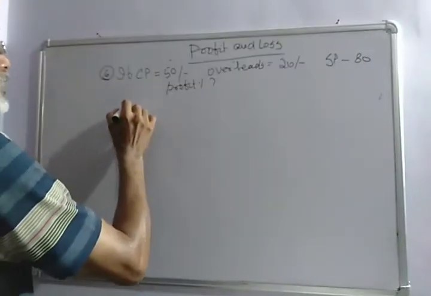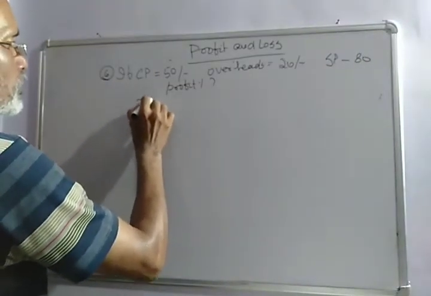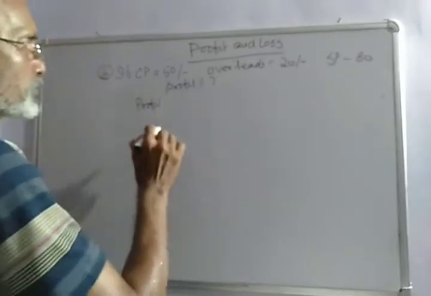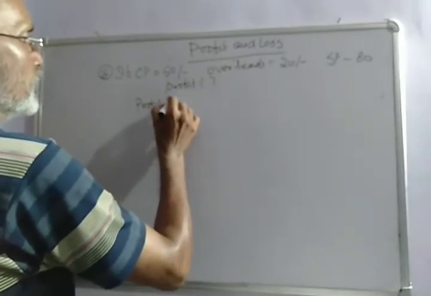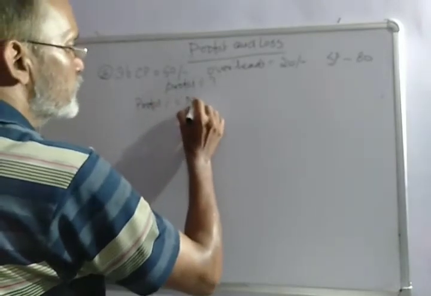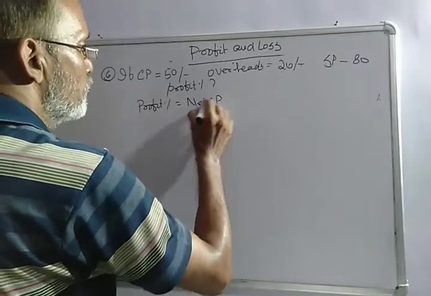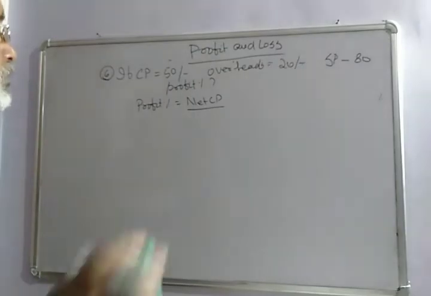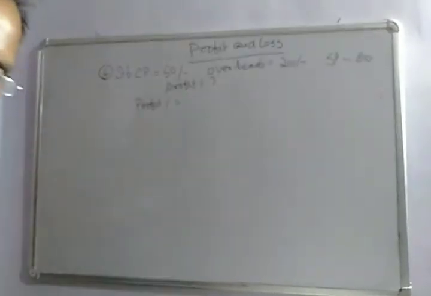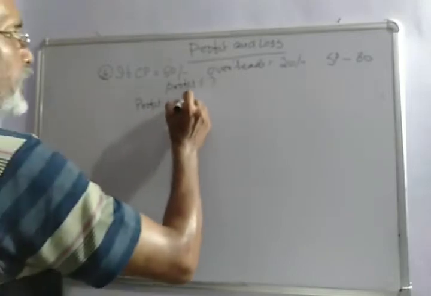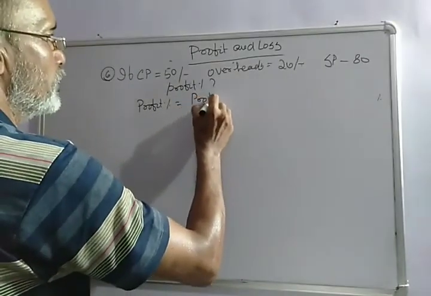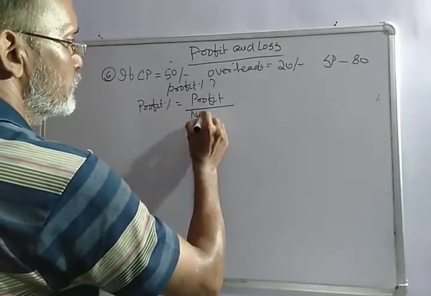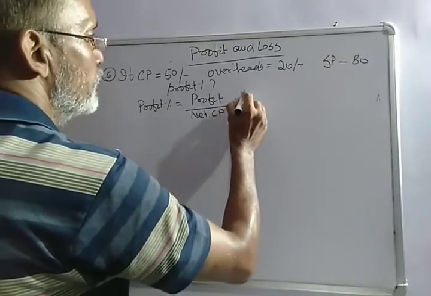So profit percent is equal to profit by net cost price into 100.